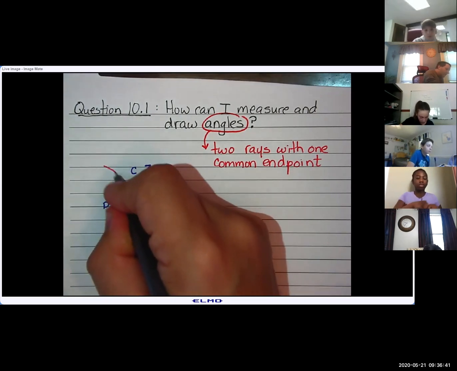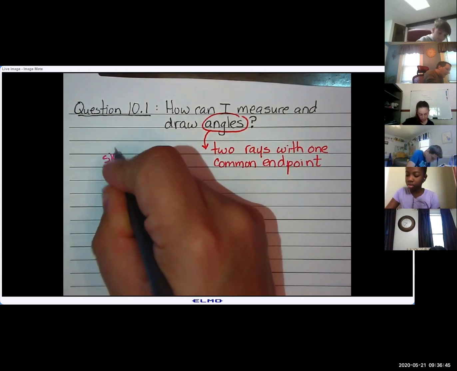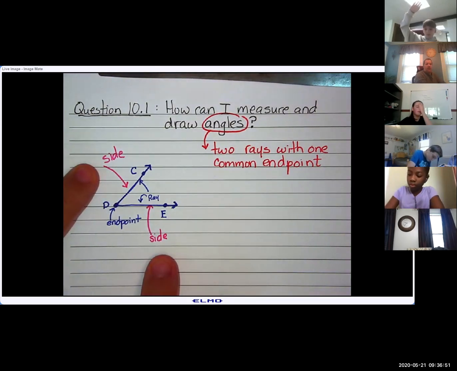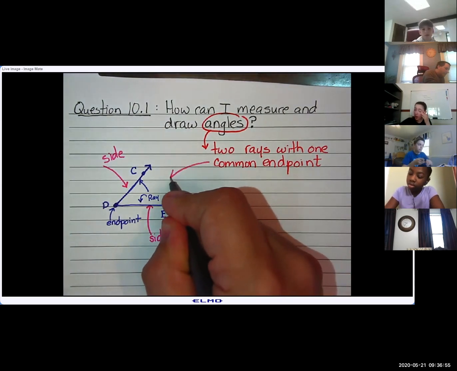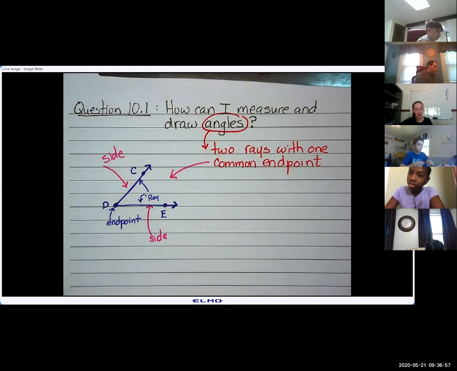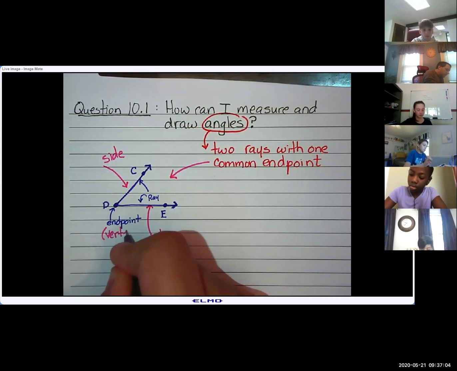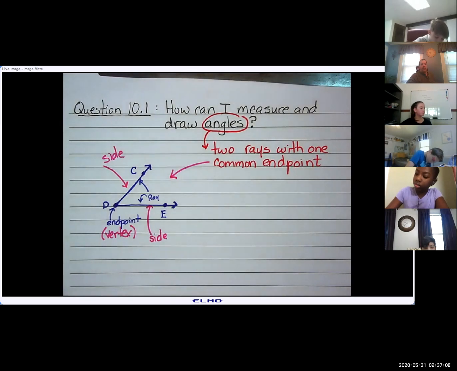And we called this a side. What is it a side of? Each of these are sides of the what? Angle. Angle. And because it's an angle, we call that endpoint a vertex.